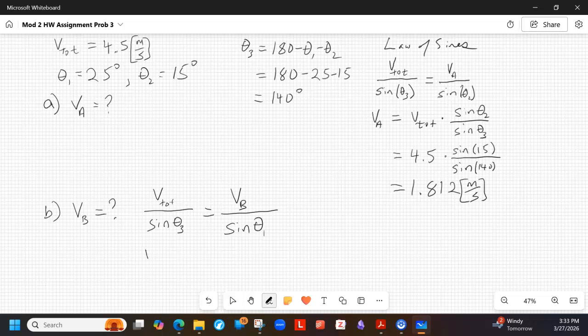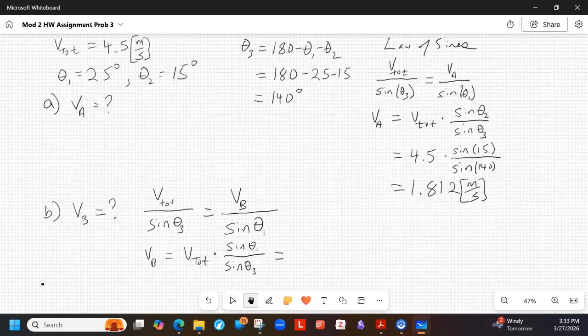So therefore, VB is going to be V total times sine theta 1 over sine theta 3.